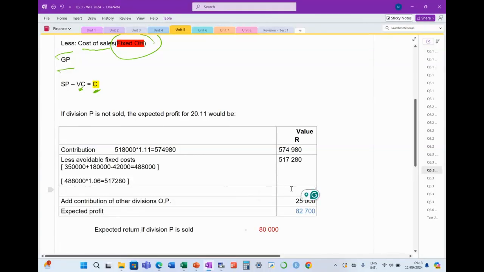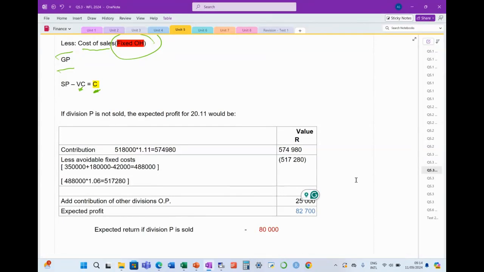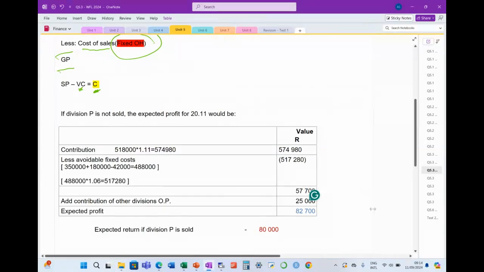Okay, so the 574 minus the 517, what do you guys get? Should be 68,700.